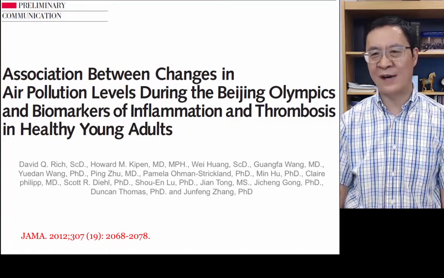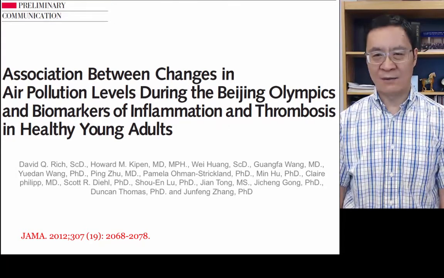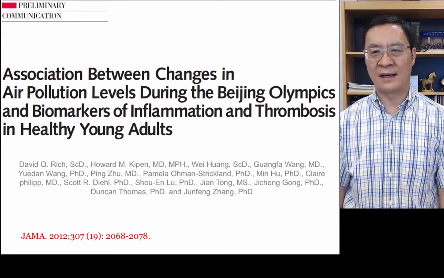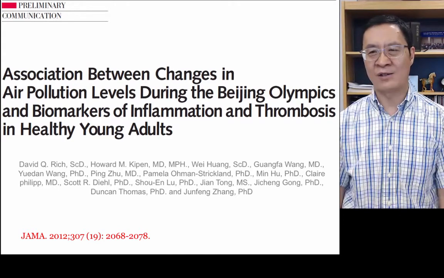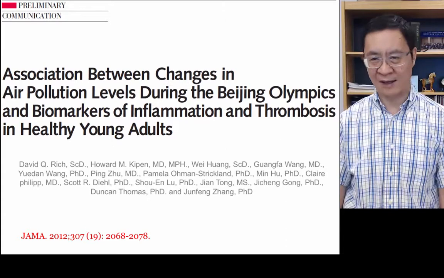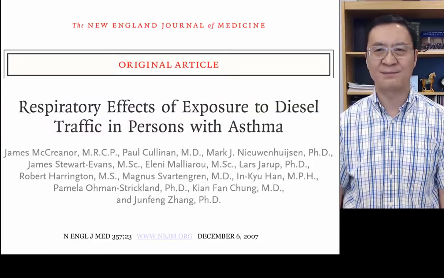In this study, we found that when air quality got better, the risk factors for inflammation and blood coagulation also got reduced, which means the cardiovascular system is getting better when air quality is getting better.